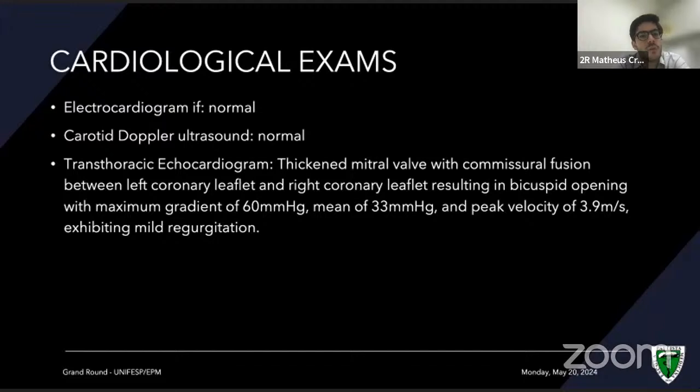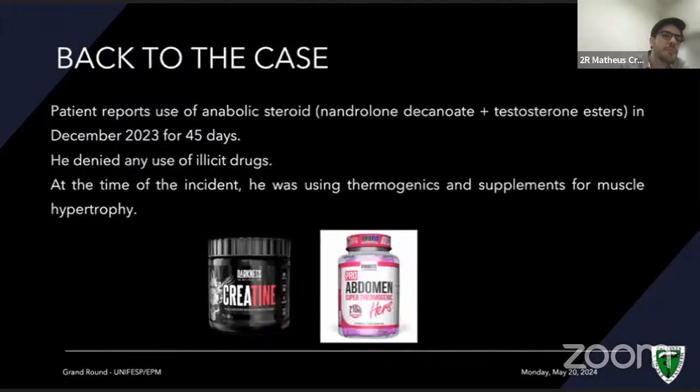They recommended us to look for secondary causes and probably start anticoagulation, but they would follow the patient together with us.